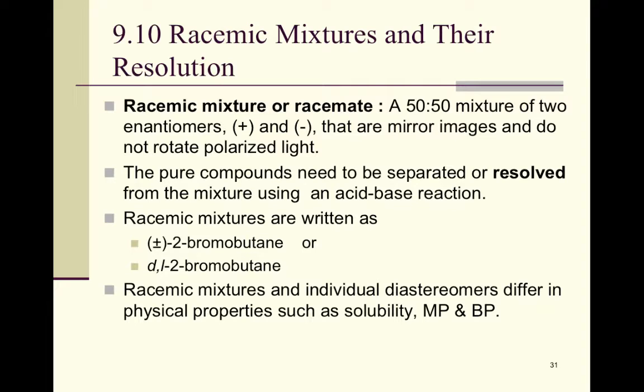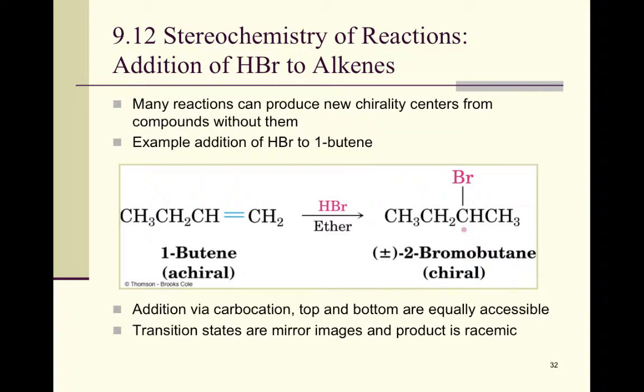Racemic mixtures are written with a plus-minus sign in front of the name, or you can use a D and an L in front of the name. The D and L can be uppercase or lowercase, and we can also use R and S. Racemic mixtures and individual diastereomers differ in physical properties such as solubility, melting point, and boiling point.